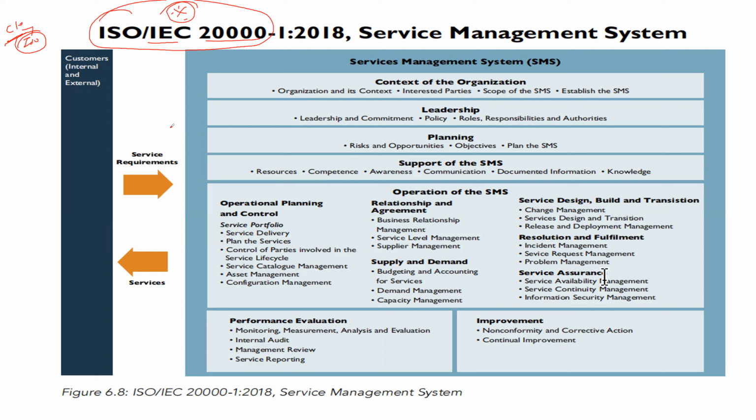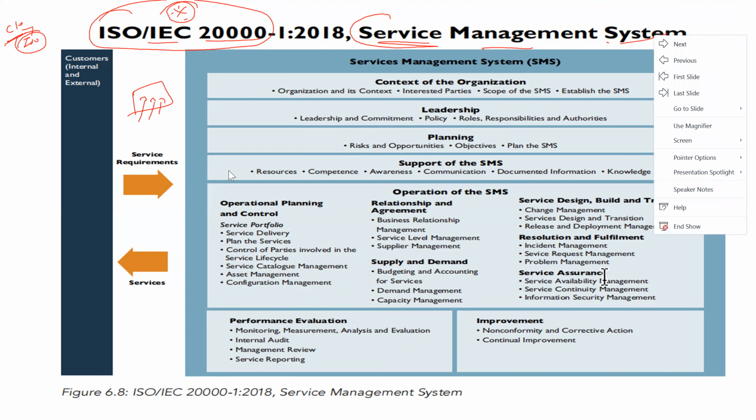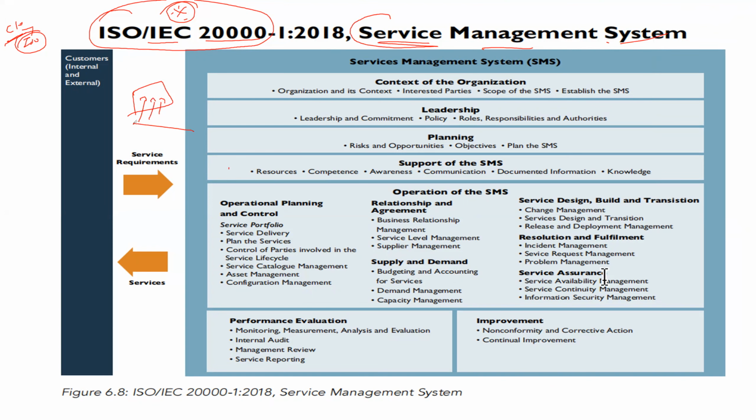Everything should be a systematic approach in the cloud data center, in any organization. If I want to take a systematic approach, I have to follow some standard. One of them is called a service management system. I am going to provide the service to the customer, who can be internal or external. To provide quality of service, I am going to adopt this ISO standard.